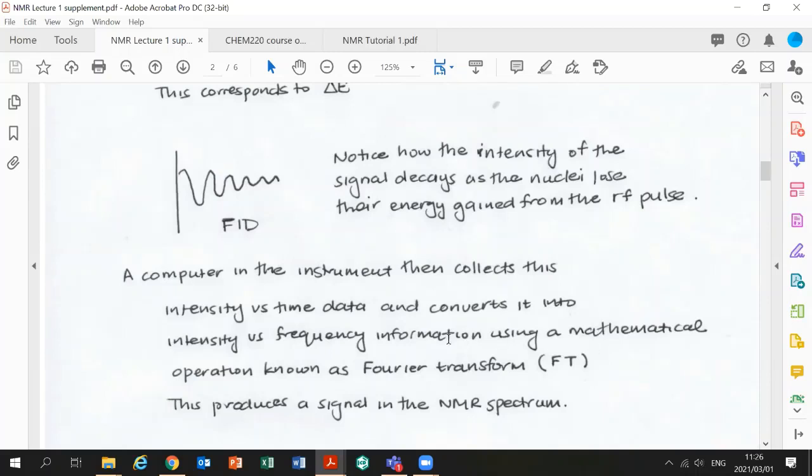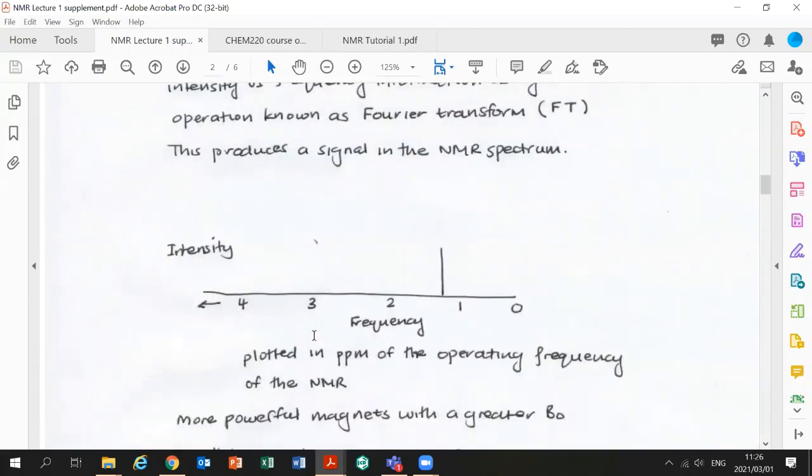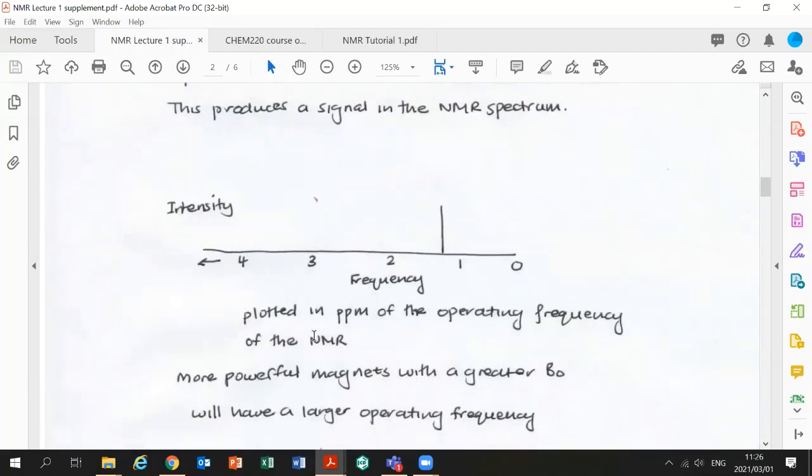And it does that using a mathematical operation known as a Fourier transform. Right, so the Fourier transform takes the signal here and then converts that to intensity versus frequency. So it tells me exactly what the frequency is, and that frequency is related, as you can see, to the energy, and that produces a signal in the NMR spectrum.